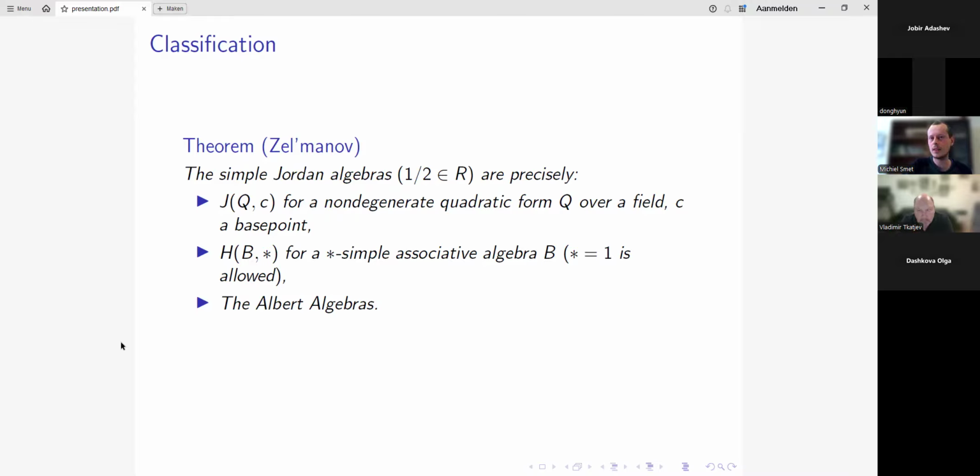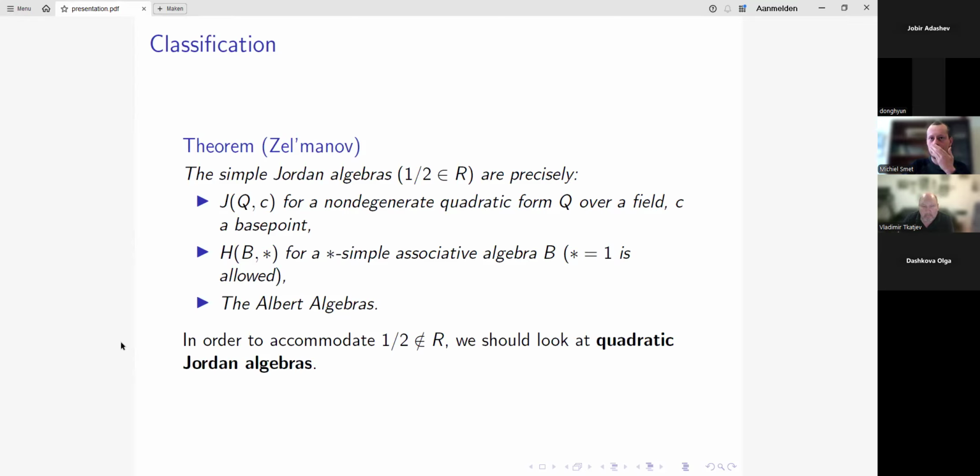These form a subalgebra of your Jordan algebra, and this algebra will be simple if your associative algebra is simple with respect to the involution. And then you have a third class where you start from a certain quadratic form. I won't go into detail. You can also, in case you have a scalar 1/2, think of them as subalgebras of a certain associative algebra with a product you made commutative. Namely, you can embed it in some sort of Clifford algebra.